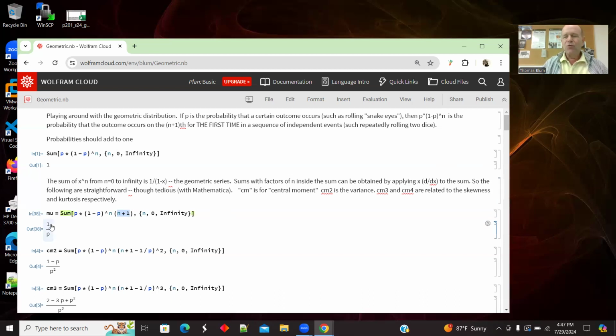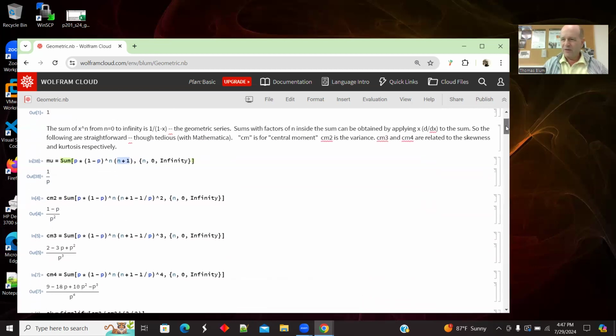I can do all these sums, but I'm going to let Mathematica do it for me. That's my normal philosophy: if I know how to do it but it's tedious, let Mathematica do it. So here was the probability times n plus one, and altogether that is the mean. I called it mu, and it's 1 on p, a well-known result for geometric distributions.